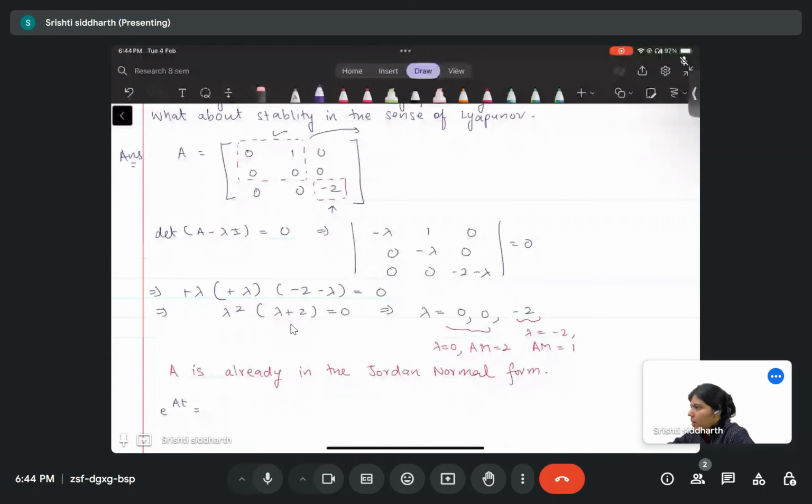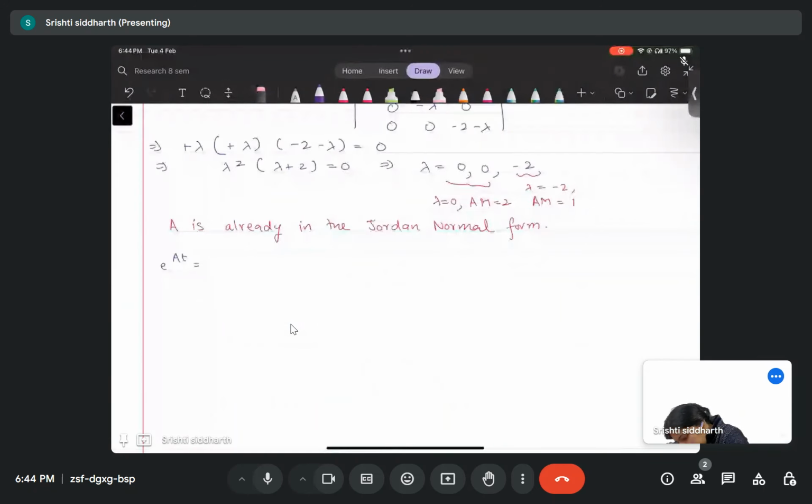Alright. So this would be again a third order, so 3 by 3 square matrix. Zeros here, e to the power minus 2t, and this is going to be 1, 1, and t.